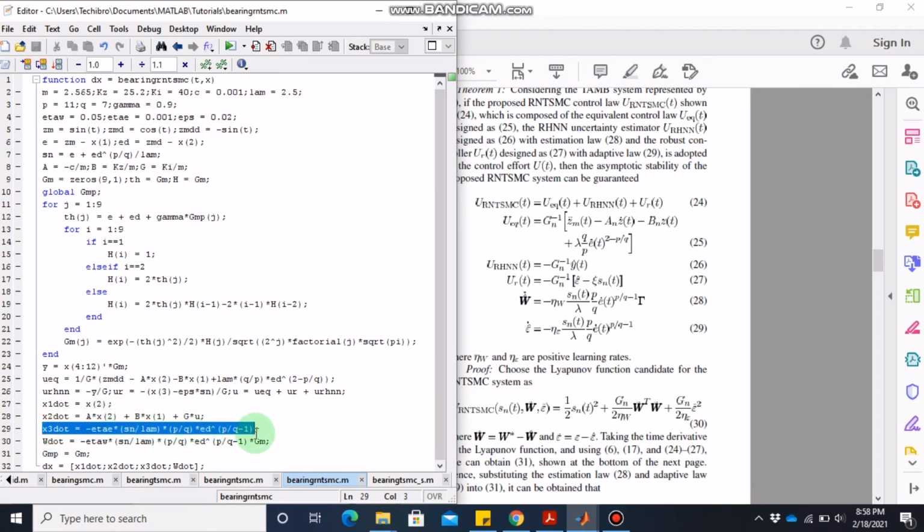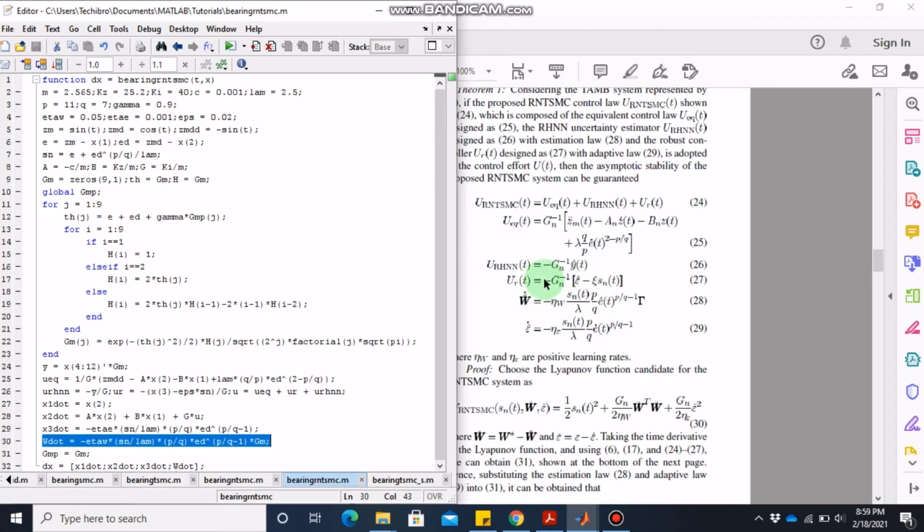So this equation epsilon dot is the same as equation 29 in the paper, and w dot is this equation. This is actually one line for 9 equations, because gamma and w are vectors of 9 cross 1.